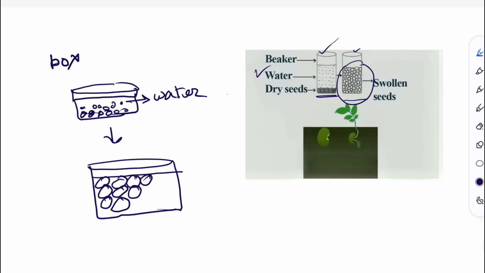And if you keep it like this, after a few days, this box will break. The seeds will put pressure on this box, and the box will eventually break. This is imbibition pressure, you can call it.